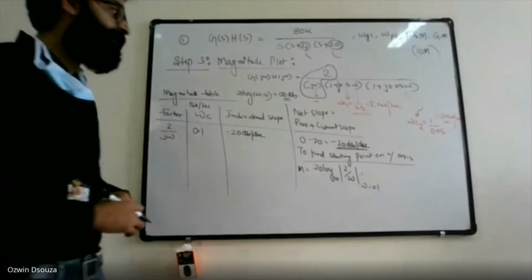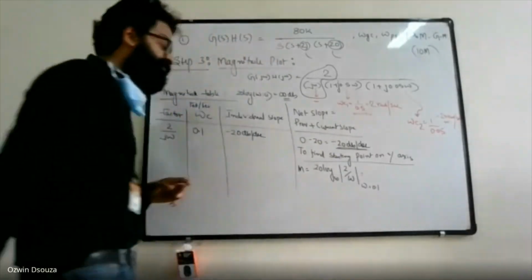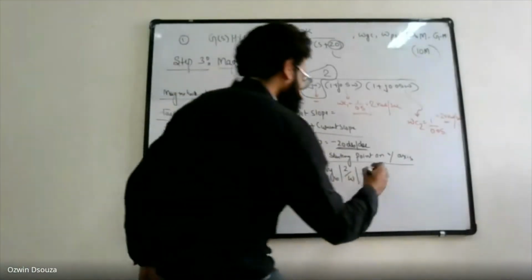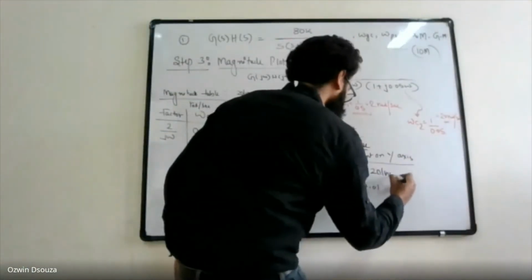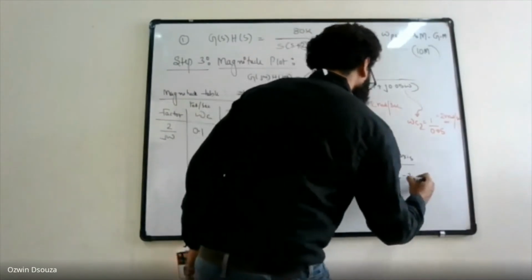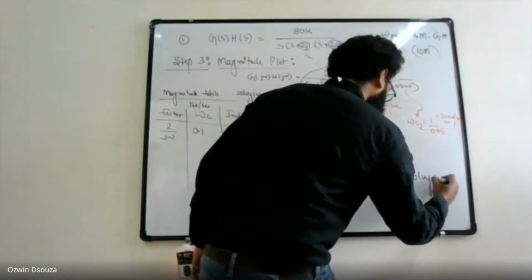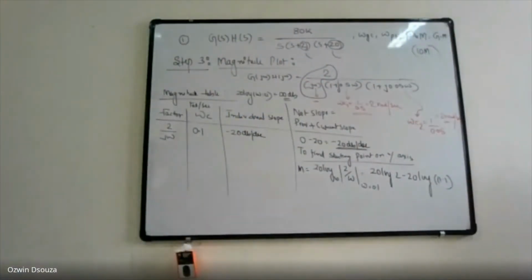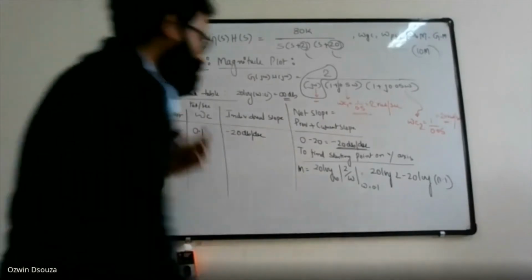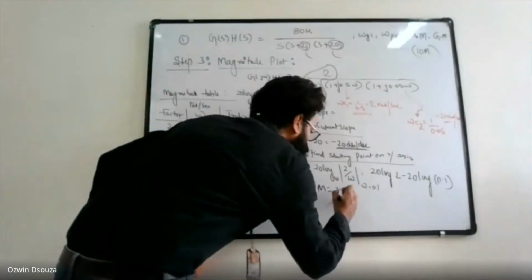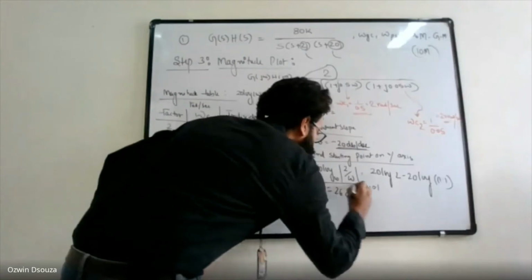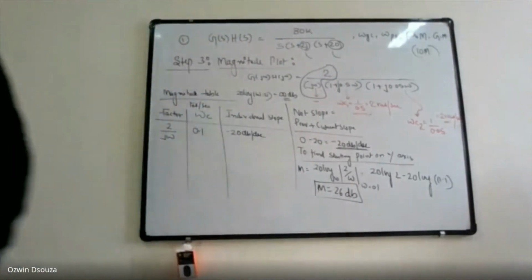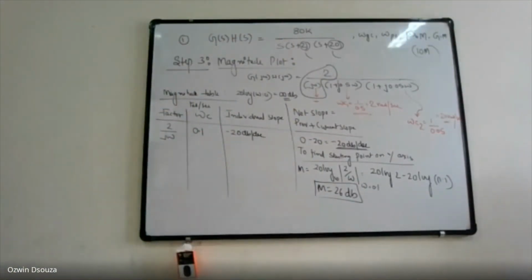It is not possible, right? That's the reason a frequency very close to 0 we have considered. So quickly you can find out. 20 log 2 minus 20 log omega. What is omega? Omega is 0.1. So 20 log 2 minus 20 log 0.1 will give you m equal to 26 dB. So 26 dB is your starting point.